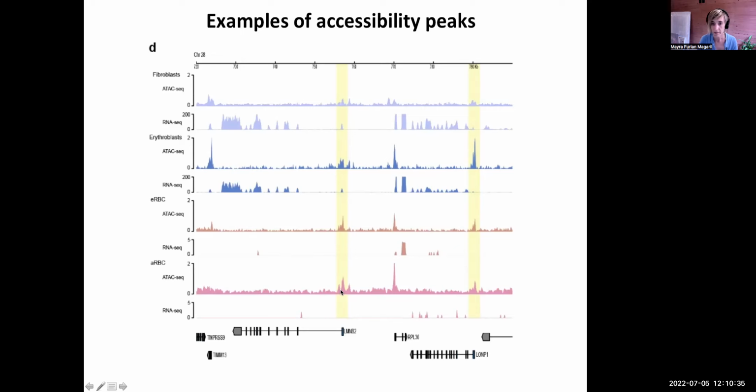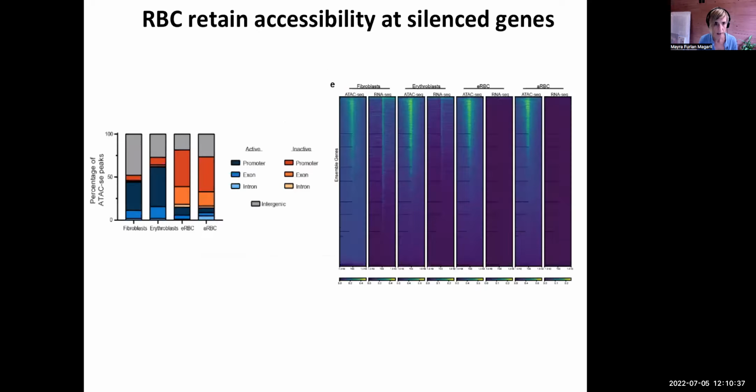So when we quantified this genome-wide, we could see that in general, the accessibility peaks in the red blood cells fall into promoters of genes that are not being transcribed, which is completely different from what we can see for the fibroblast and the erythroblast, in which the majority of the peaks are in genes and promoters that are active.